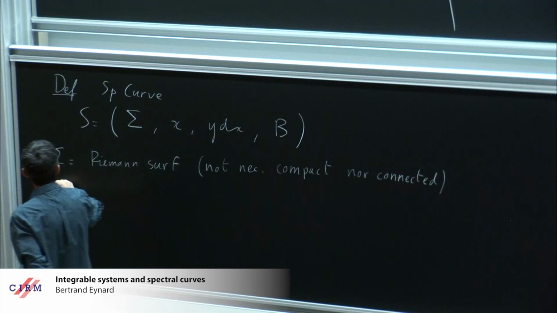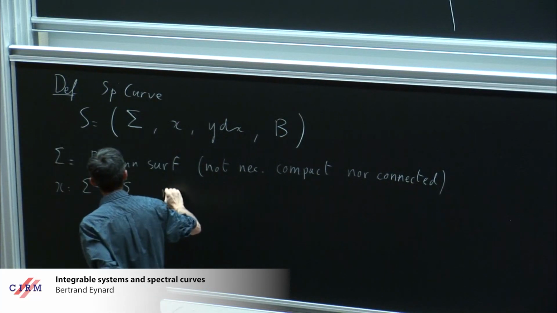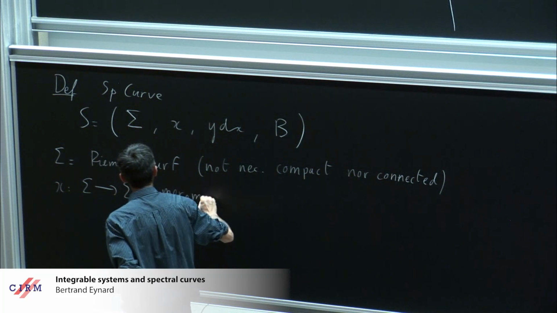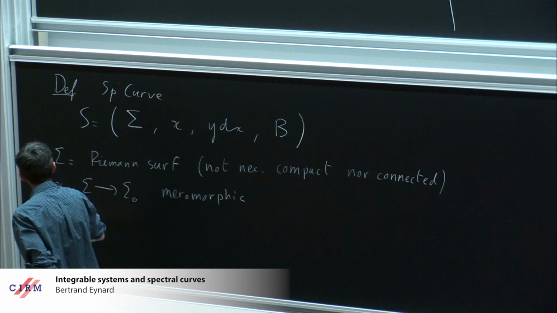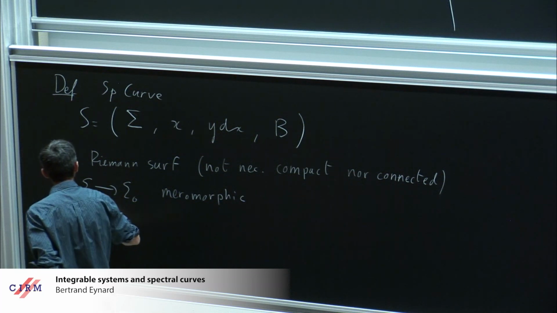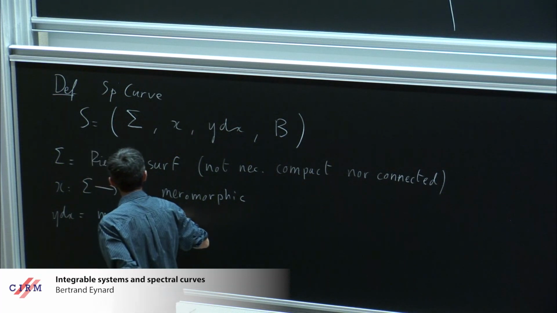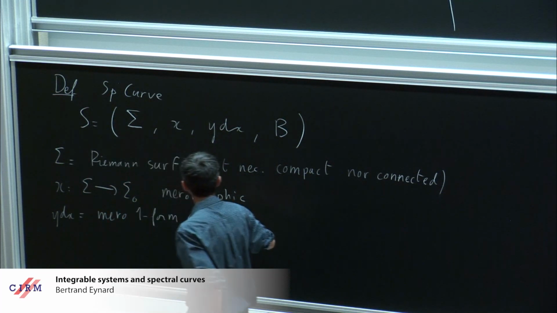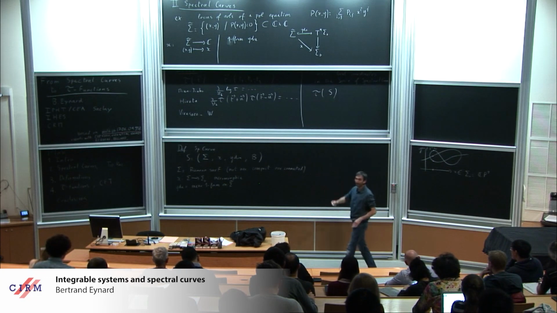And x is a map from sigma to sigma 0, which is meromorphic. And y dx is a meromorphic one form on sigma tilde. And I will describe later what B is.